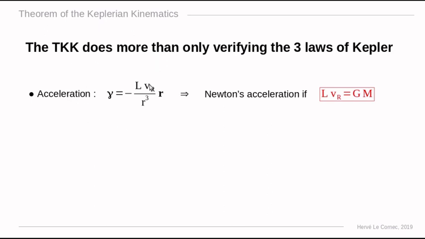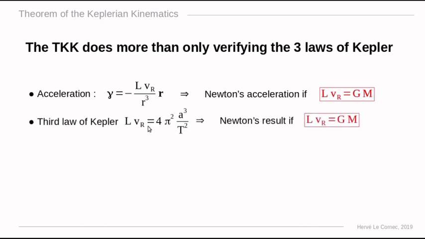And of course, this acceleration is centripetal because it comes from the rotation velocity. Furthermore, this acceleration is also nothing else but the one of Newton at the condition that L V_R equals Gm. Therefore, Newton's acceleration appears as a consequence of the kinematics, but not anymore as a predecessor.